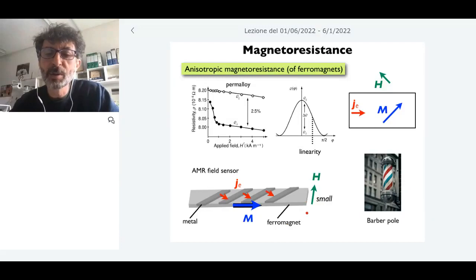If you put a small magnetic field perpendicular, as the magnetization is oriented in this direction here, the magnetization will start to bend up and down, and then the resistivity changes. And this you detect very easily because it's quite easy to measure a change of a few percent of resistivity.